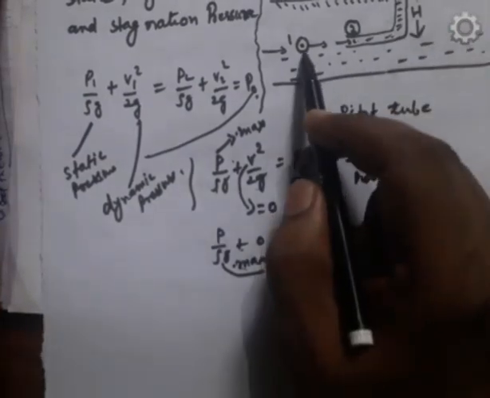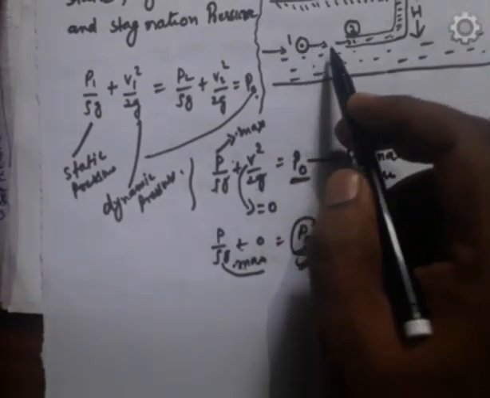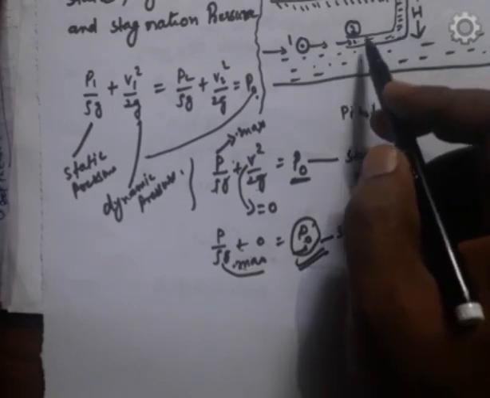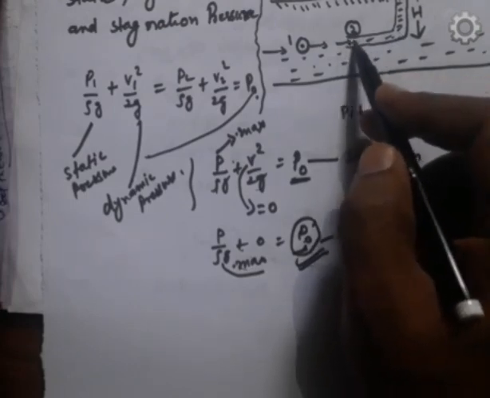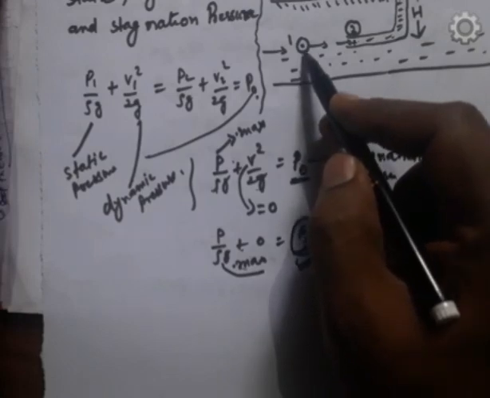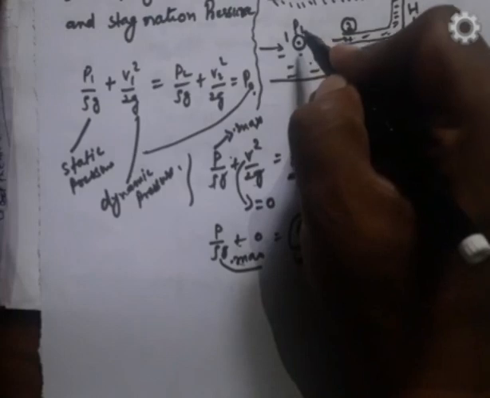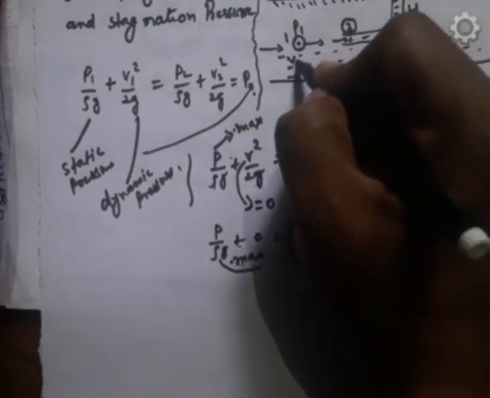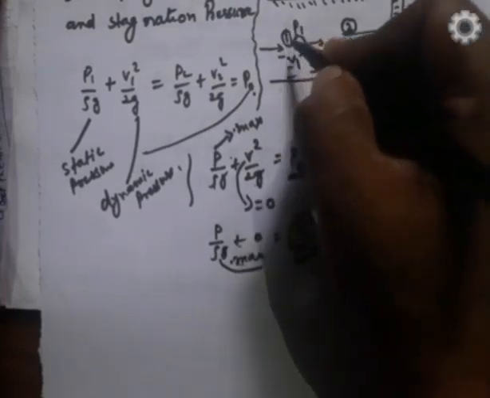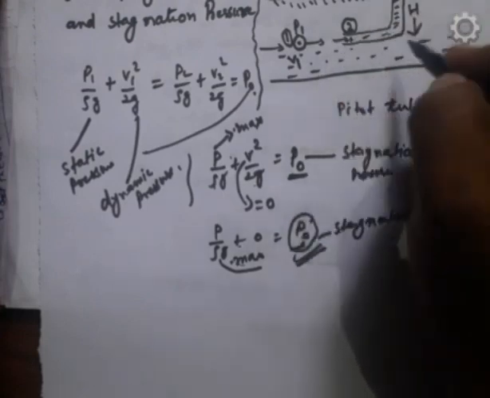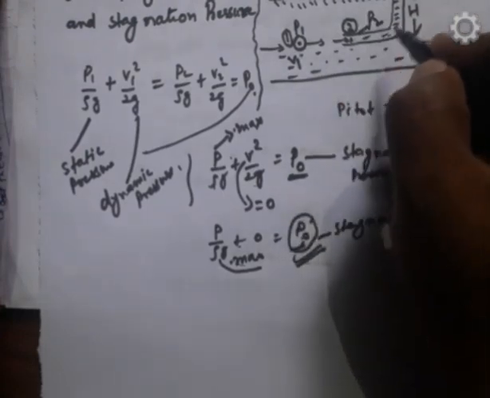Consider 2 points at the same level, in such a way that point 2 is just at the inlet of the Pitot tube, and point 1 is away from the Pitot tube. Here P1 is the pressure at point 1, V1 is the velocity at this point, and P2 is the pressure at point 2.